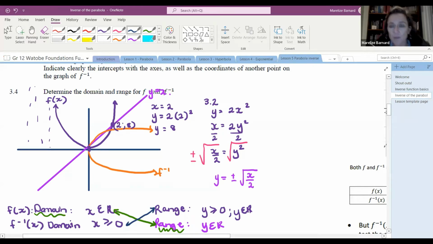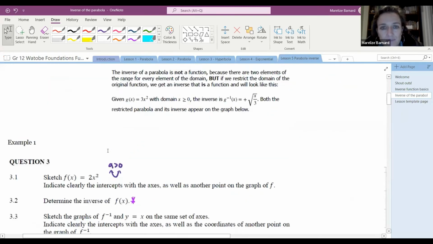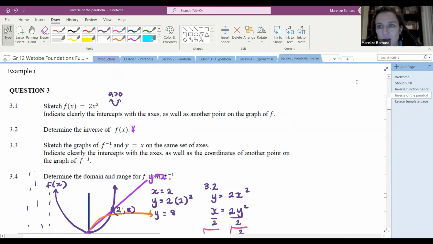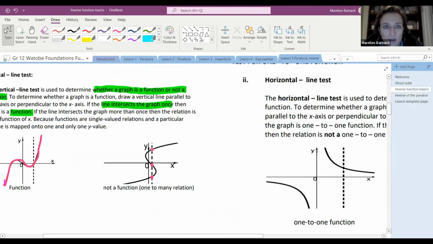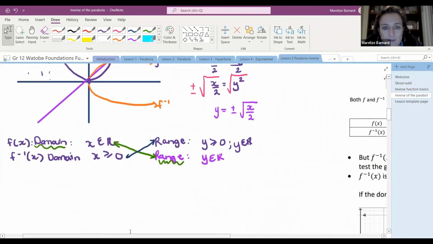Okay, your domain and range swap. Think back to this question. Where's our notes now on inverses? On to this basic diagram here on what an inverse is. The two swap. Your input and your output swap. That's important for the domain and the range.